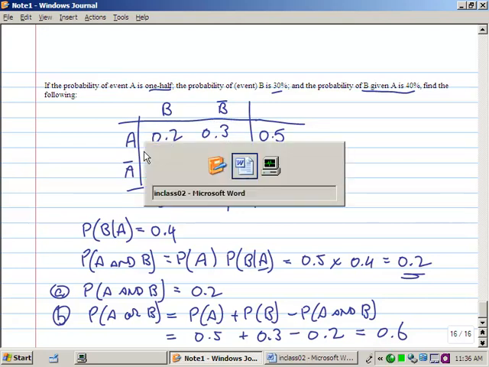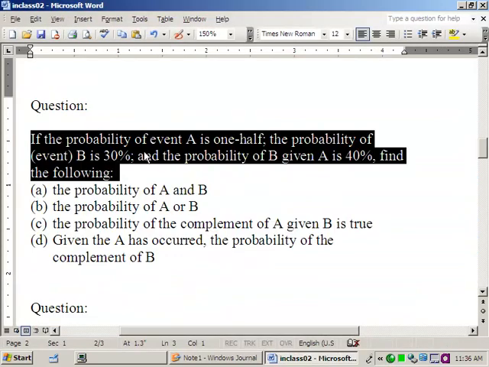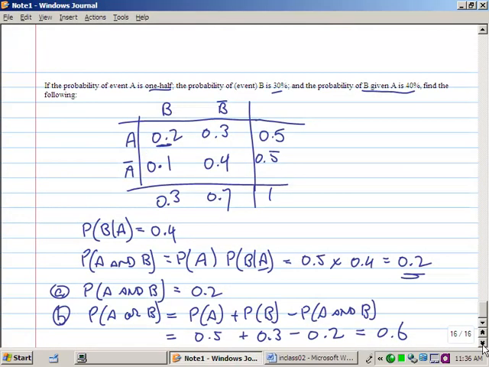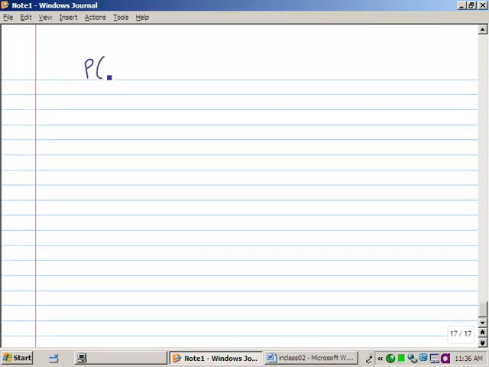Alright, let's try C. It's the probability of the complement of A given B. Alright, what do we need for that?